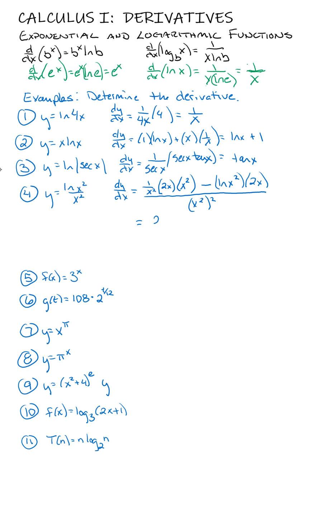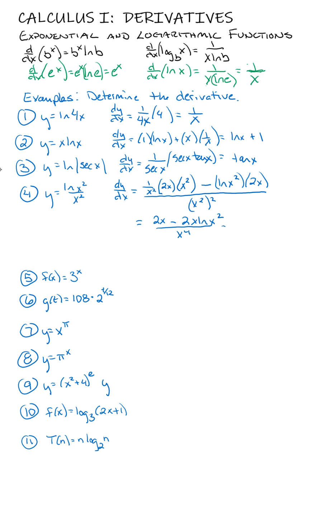So we get 2x minus, in this second bit, we have 2x natural log of x squared. Nothing can reduce here. And then, of course, this is all over x to the fourth.